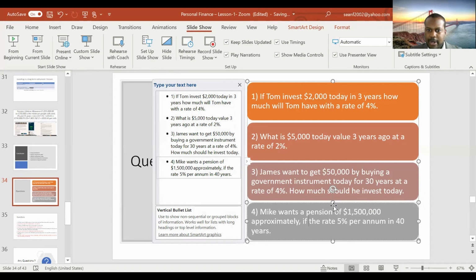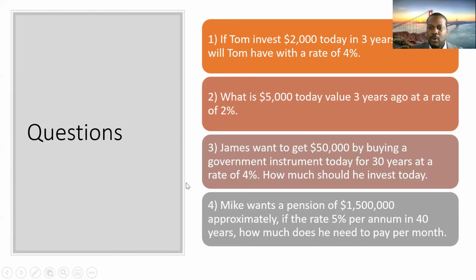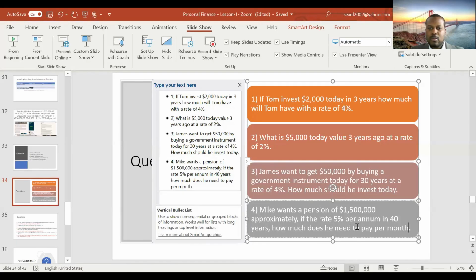If the rate is 5% per annum in 40 years, what does he need to put aside? How much does he need to pay per month, really? Okay, so we have 1.5 million, 5%, 40 years.